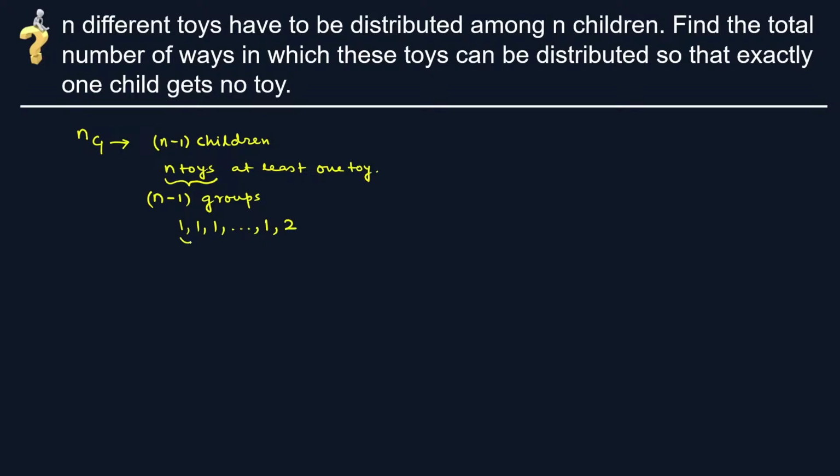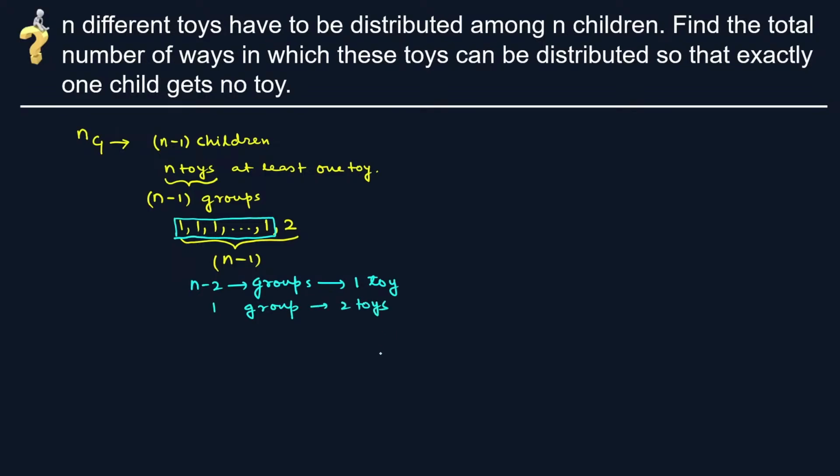So the total number of groups is n-1, and n-2 groups each have one toy, and one group will have 2 toys.